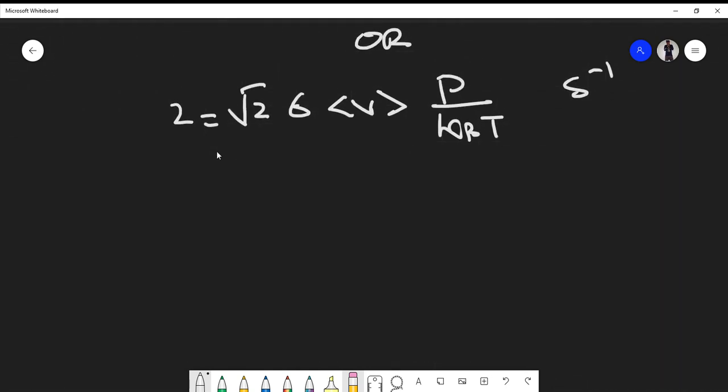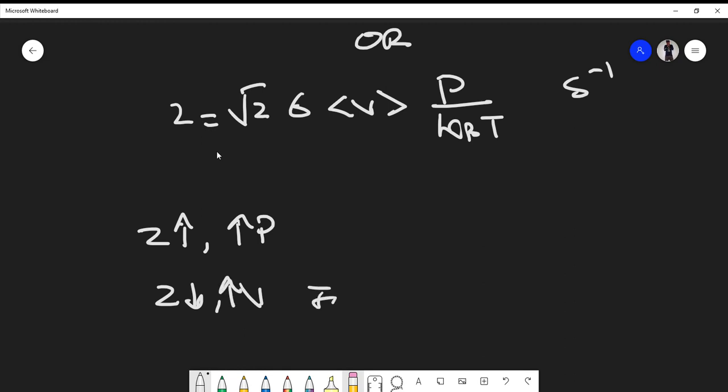So we want to note that the collision frequency is actually proportional to the pressure and inversely proportional to the volume of gas. So this is an important concept. In other words, as Z increases, the pressure increases, and as Z decreases, the volume increases.